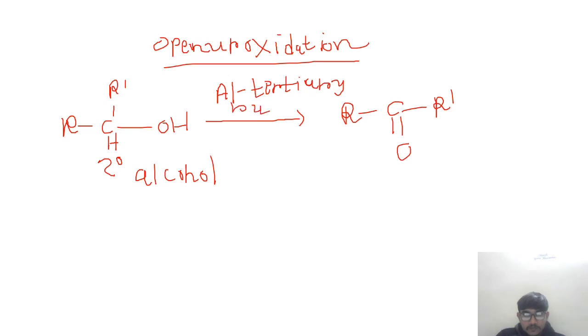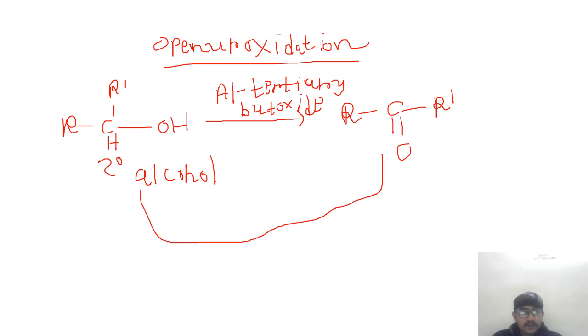Aluminium tertiary butoxide. This is Oppenauer oxidation. The reverse of Oppenauer oxidation is MPV reduction, which is the conversion of the ketone into the 2-degree alcohol.